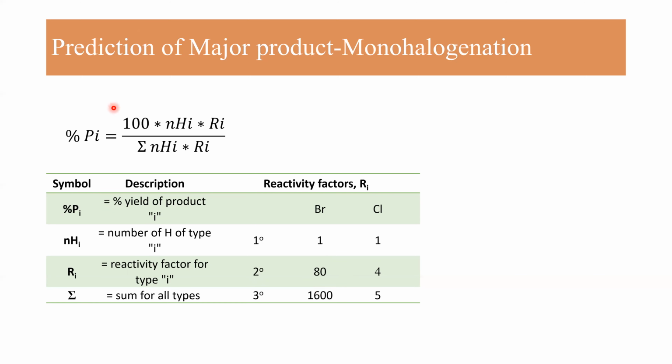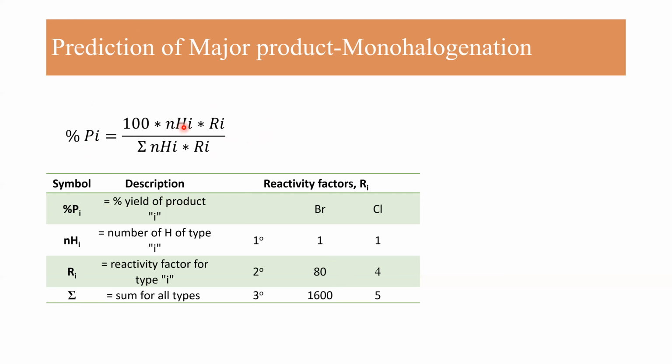This is the expression of that equation, how you can calculate it. The percent Pi is basically the yield of product. You want to check a certain product, what percentage you will obtain through a certain reaction.